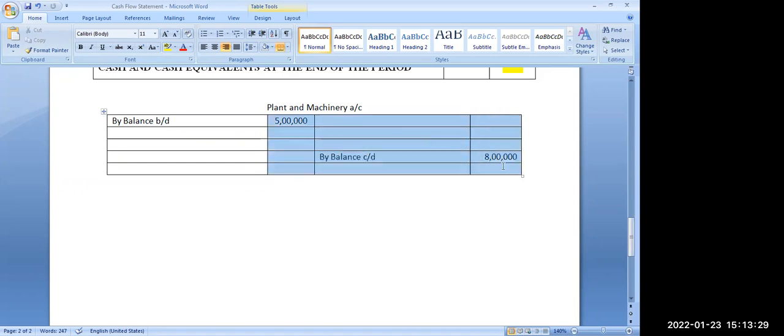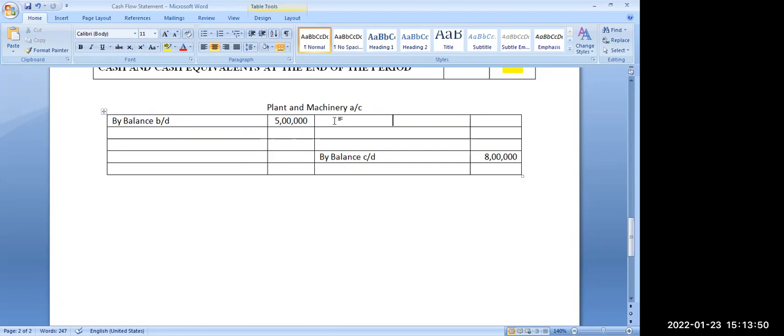But there is some information given with regard to plant and machinery, so I'm going to check how this 5 has become 8 along with the other activities relating to plant and machinery. Look at the additional information. Point number 1: 50,000 depreciation has been charged to plant and machinery during the year 2002.